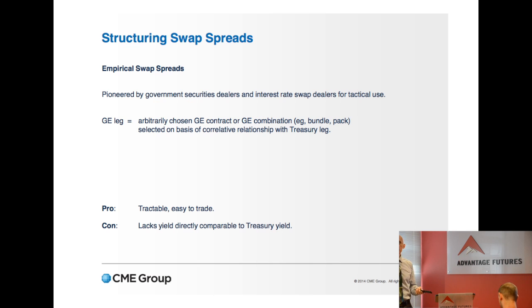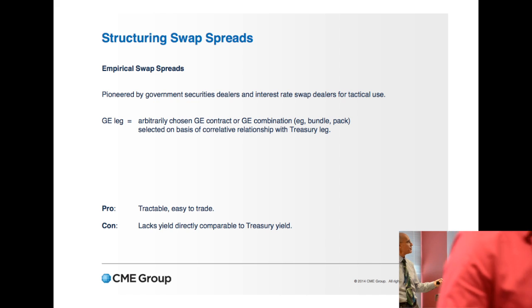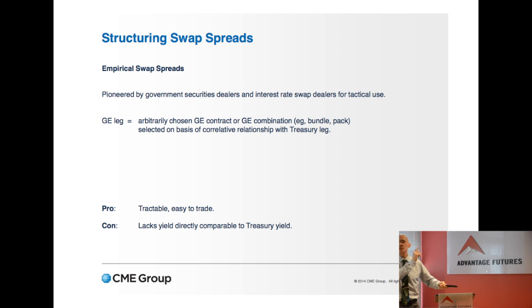What's nice about this? It's very tractable. It's easy to trade. It's no more than getting in or out of a Eurodollar stack or a Eurodollar pack or a bundle. What's disadvantageous about it? You don't really have a yield, a synthetic yield, that spreads off in any sensible way against the Treasury note yield.